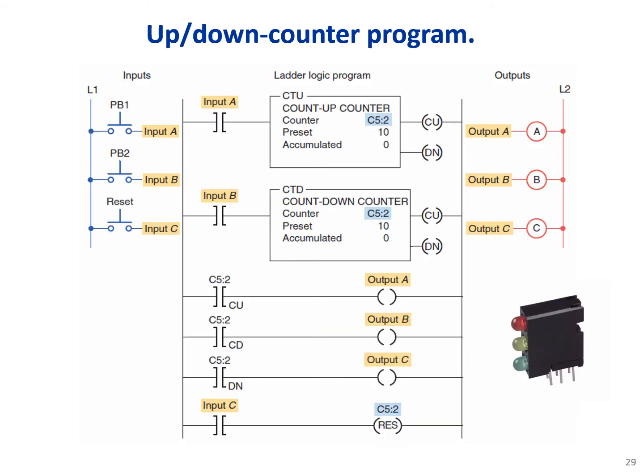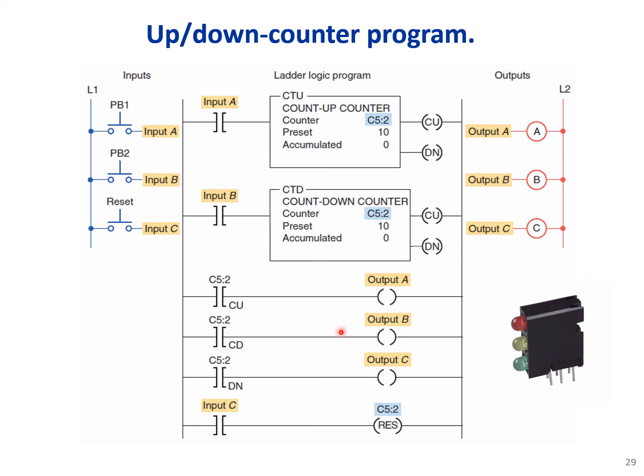Another example of an up-down counter program: we have push buttons 1, 2, and the reset. Push button 1 is for up counting, push button 2 is for down counting, and we have 3 pilot lights. We are using one up-down counter. Once we are counting up, output A will become on.